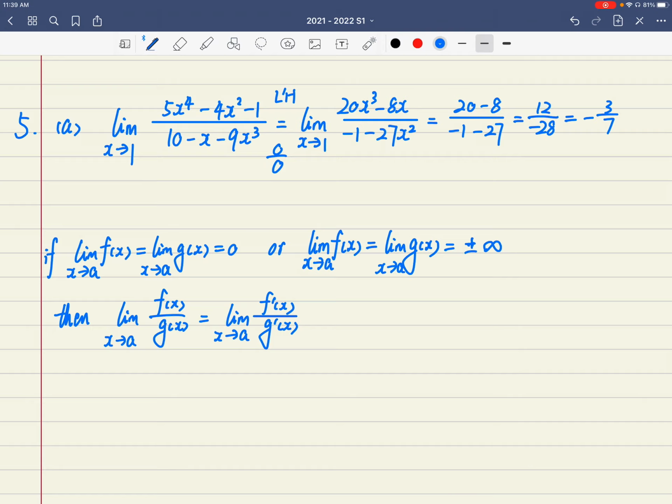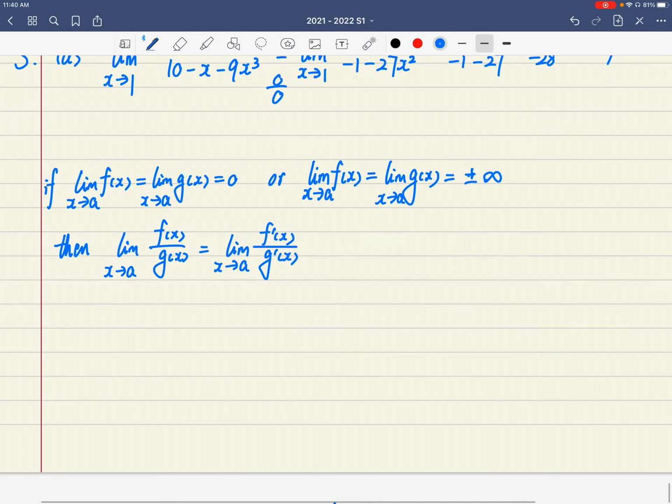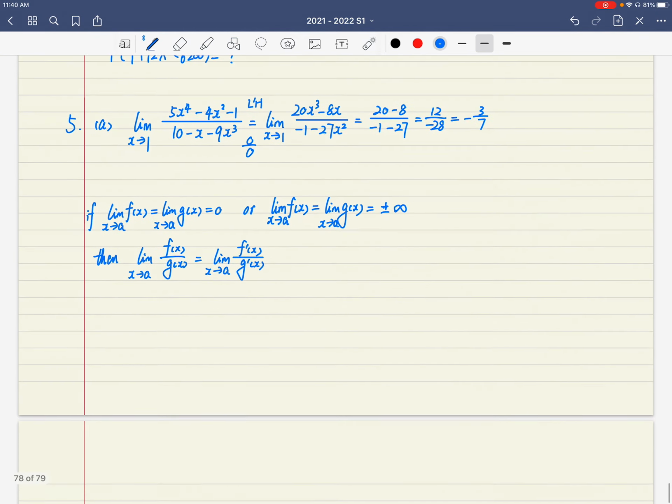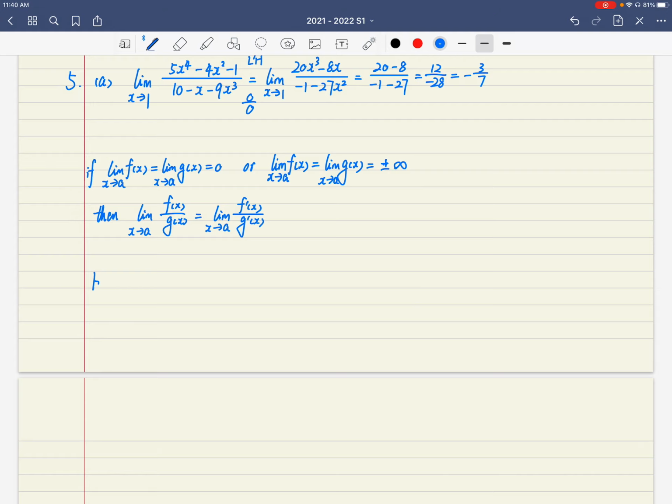So let's do the second question, part B. This is L'Hopital's rule.